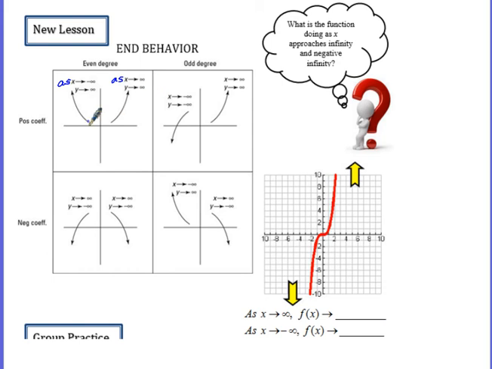So as we go further and further negative on the domain, the range increases up to infinity. As we go to positive infinity on the domain, this graph goes up to positive infinity as well. So it goes up on both sides.